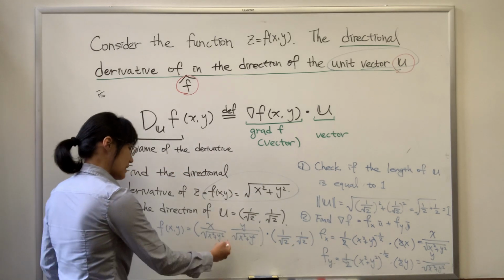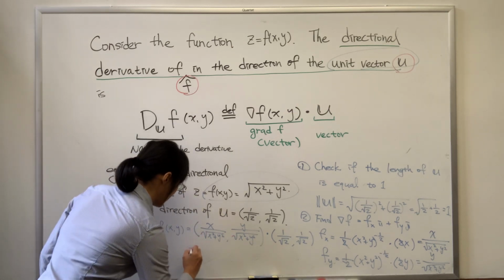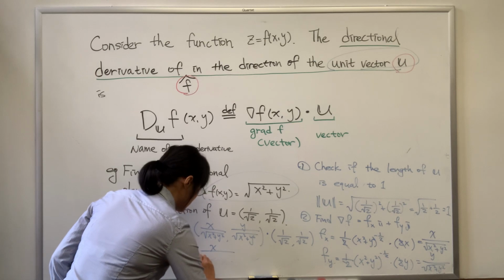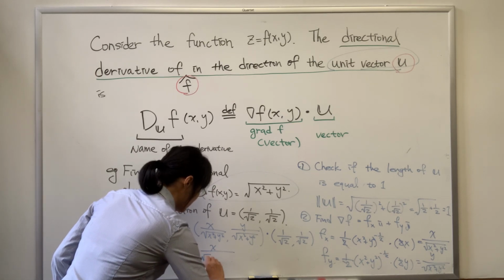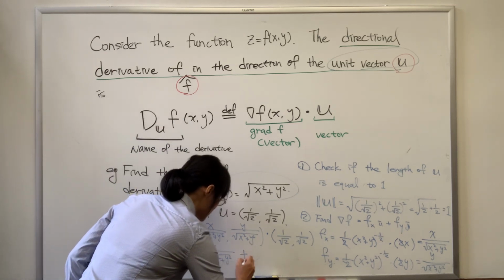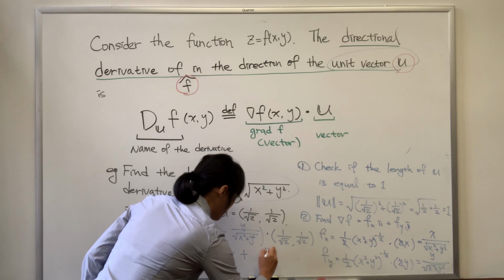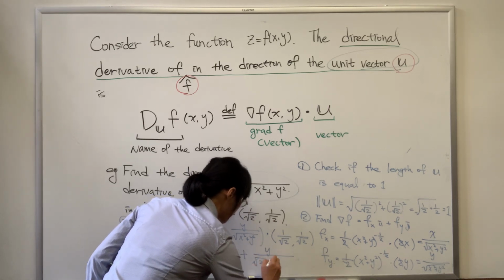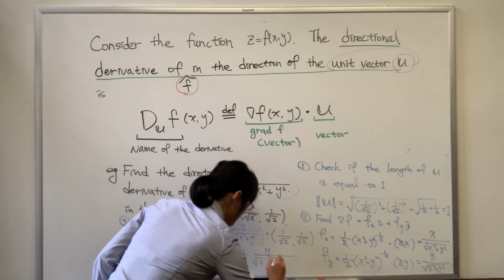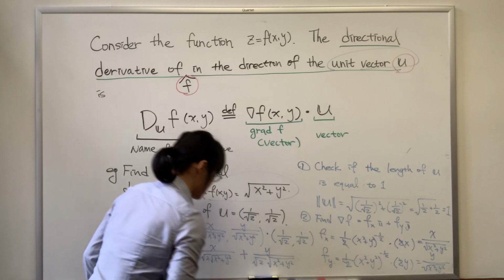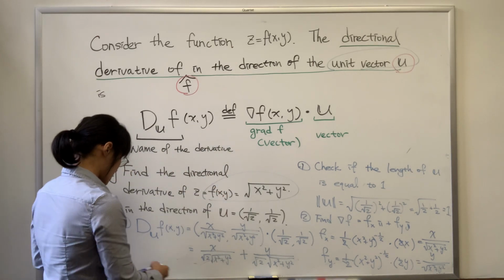So we have vector dot vector. Now it gives you x over root 2 times the square root of x squared plus y squared, plus y over root 2 times the square root of x squared plus y squared.